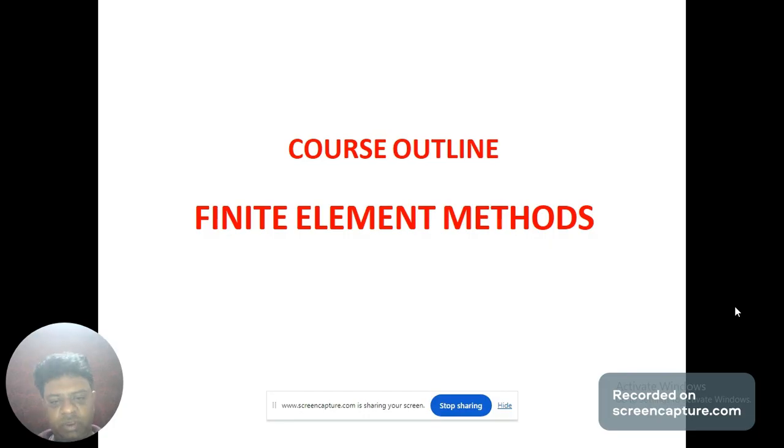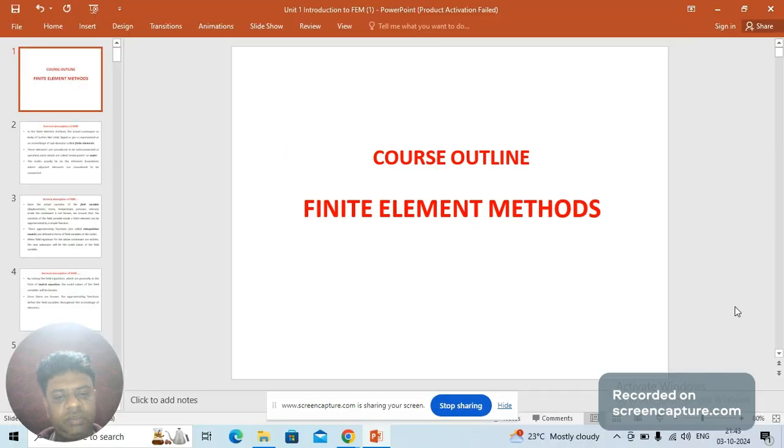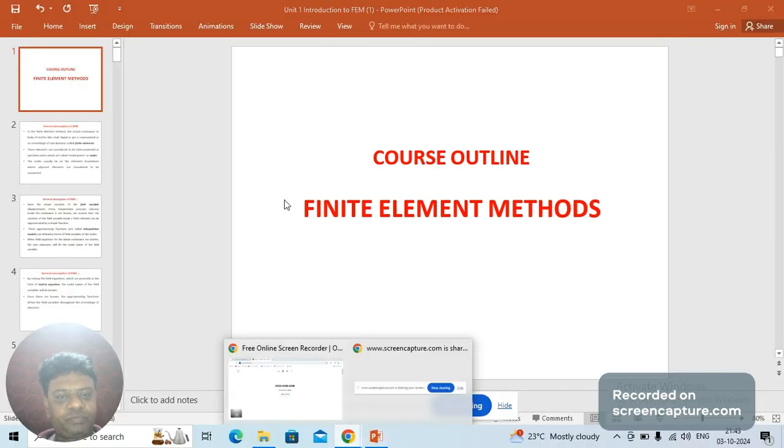Moment is load into distance, divided by section modulus, which is bd square by 6, so you get 6 P L divided by b d square. To understand the concept properly, let me take this.